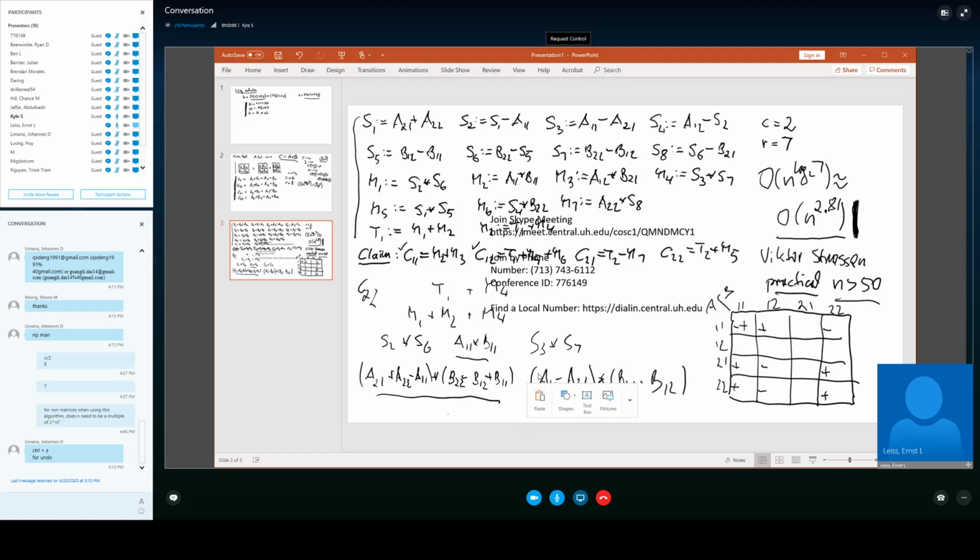And then we have A11 and A21 with B22. A11 with B22 is a plus, minus B12. What is that?